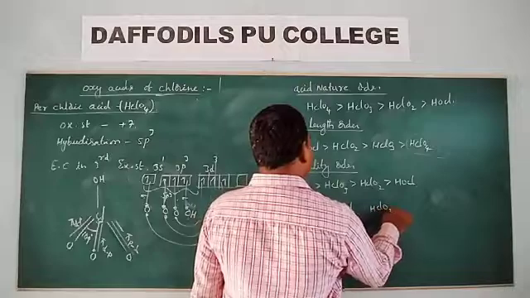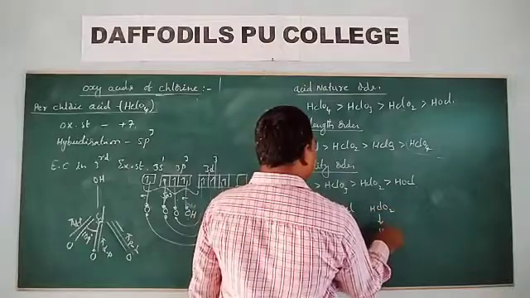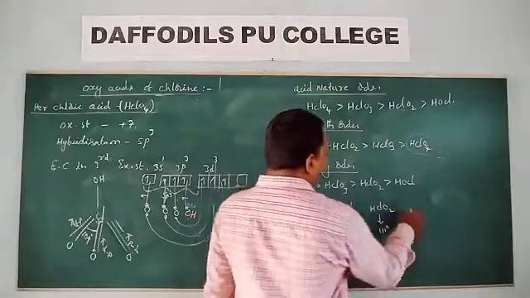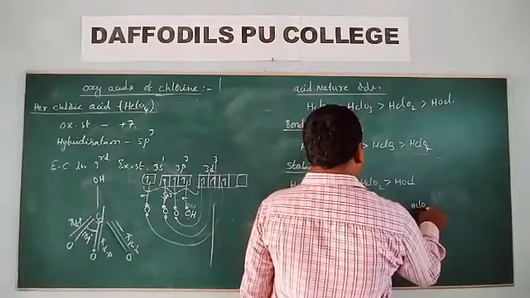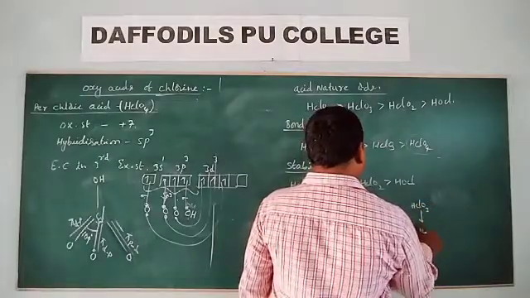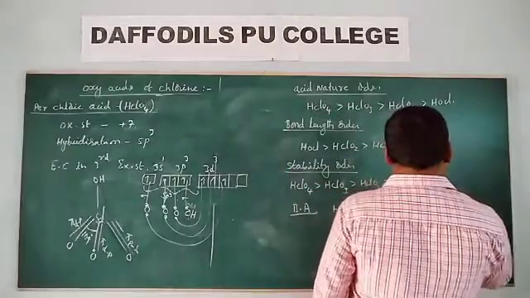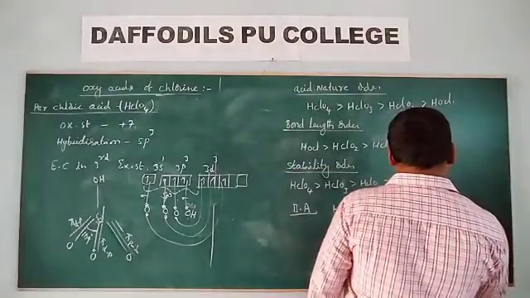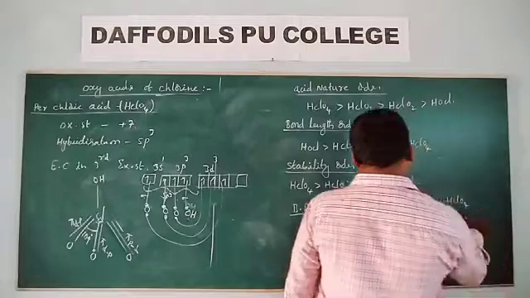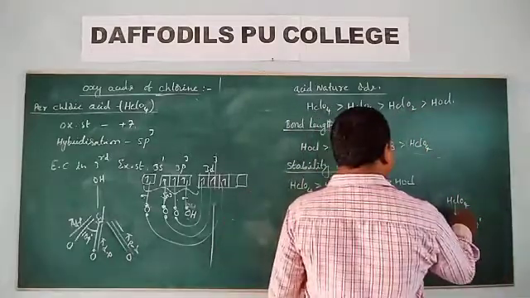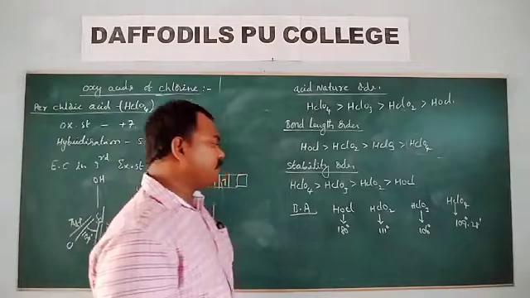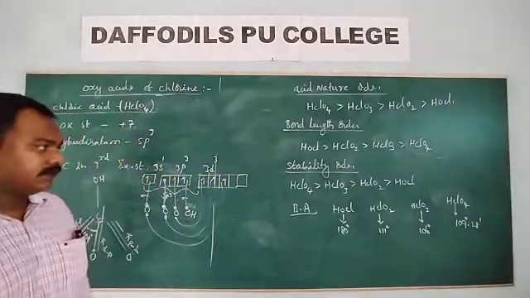In HClO2, the bond angle is 81 degrees. In HClO3, the bond angle is 106 degrees. In HClO4, the bond angle is 109 degrees 28 minutes. So this is about the bond angles.